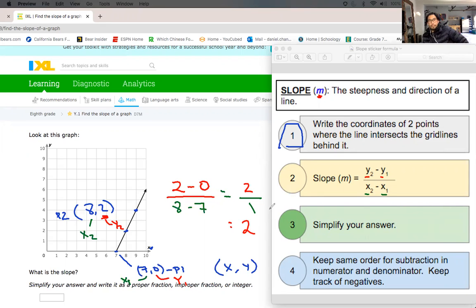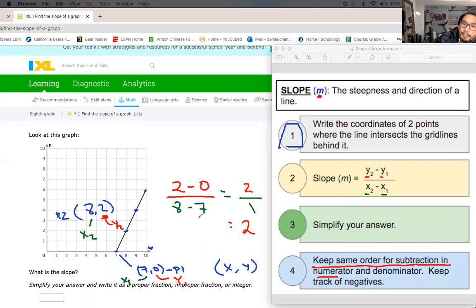All right, so we've used the slope formula. We simplified the answer. A couple of things to keep track of. The reason why you have these y2, y1, x2, x1 is because you need to keep the order the same. Keep the same order for subtraction in the numerator and denominator. So if I'm subtracting 0 from 2, 2 minus 0 at the top, then I have to go 8 minus 7 on the bottom for the denominator, for the x coordinates.